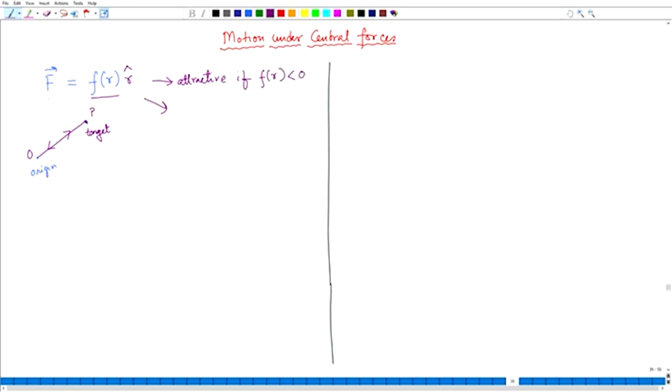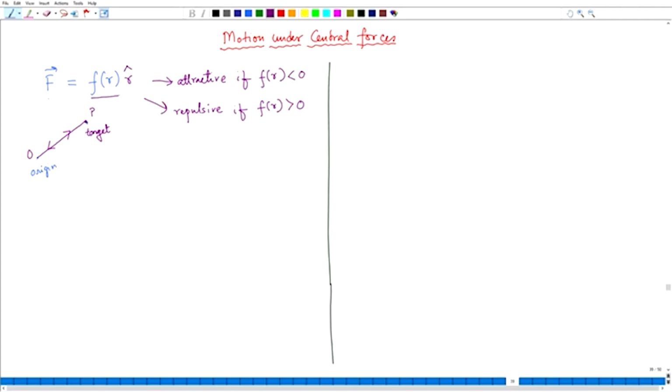If f r is positive, then f is acting from O to P, which means it is repulsive in nature. So, repulsive if f r is greater than 0. This condition we will always use throughout our discussion.